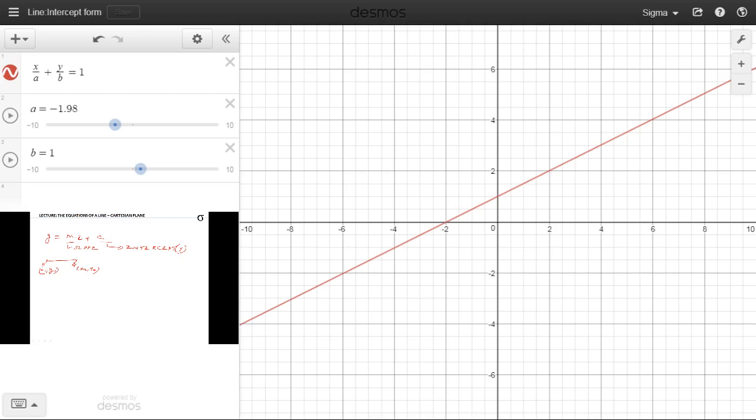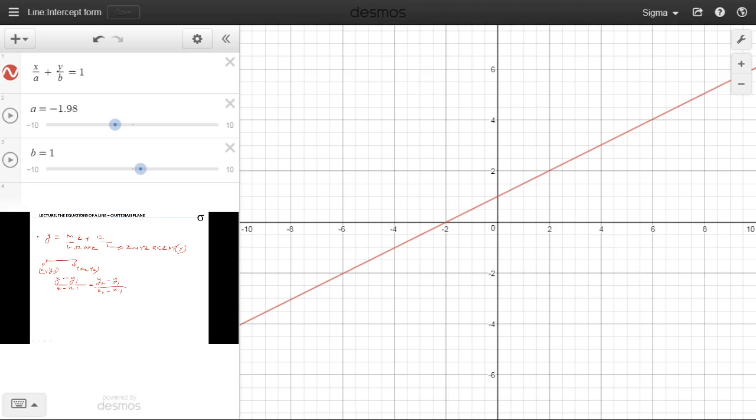The line is then given by y minus y1 divided by x minus x1 equals y2 minus y1 divided by x2 minus x1. So if you know two points, that uniquely defines a line.